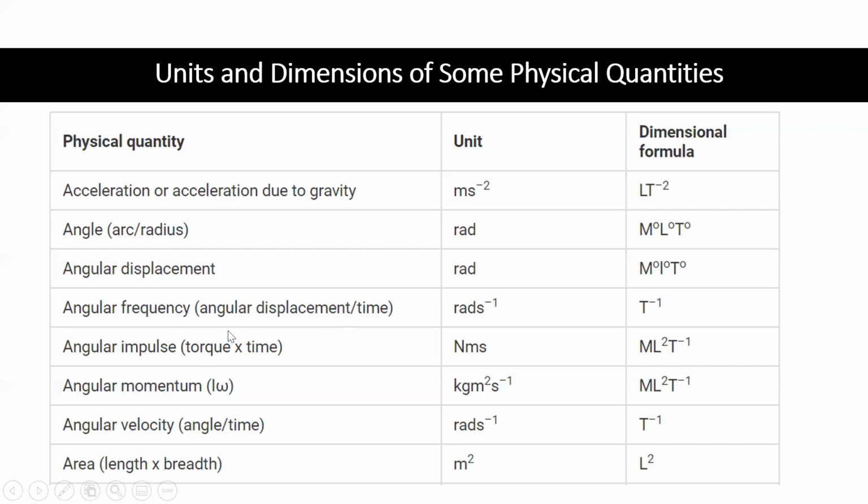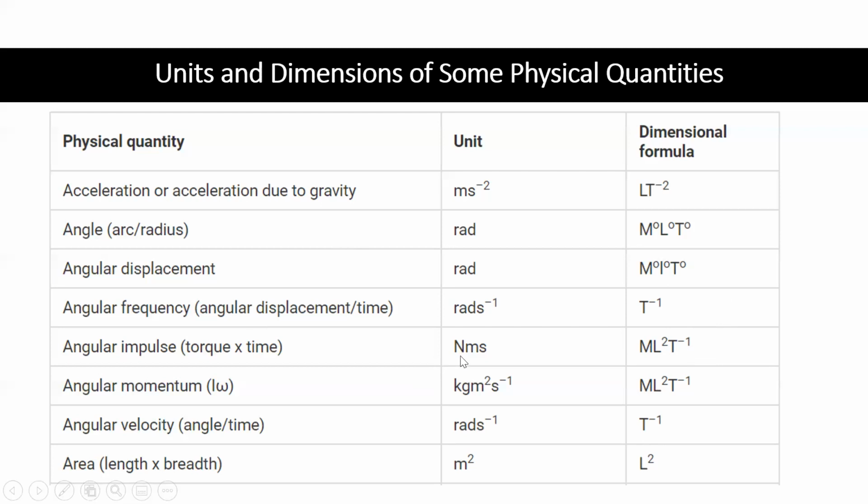So torque is force into L, so it will come as m L square T raised to minus 2, into time. So into time, m L square T raised to minus 2 plus 1, which is minus 1. So we will get the final expression as m L square T raised to minus 1.